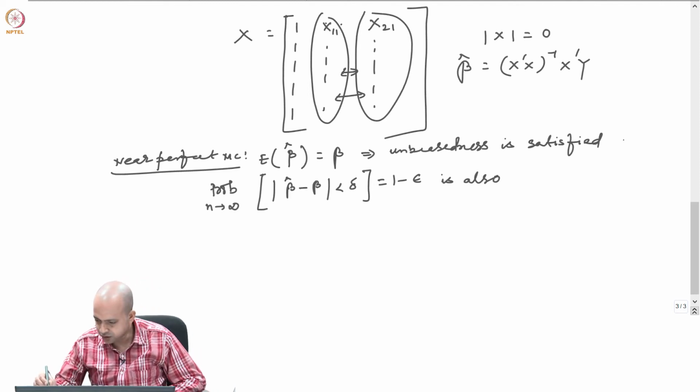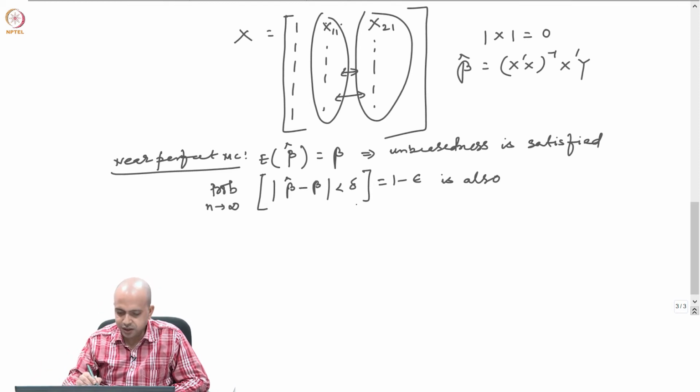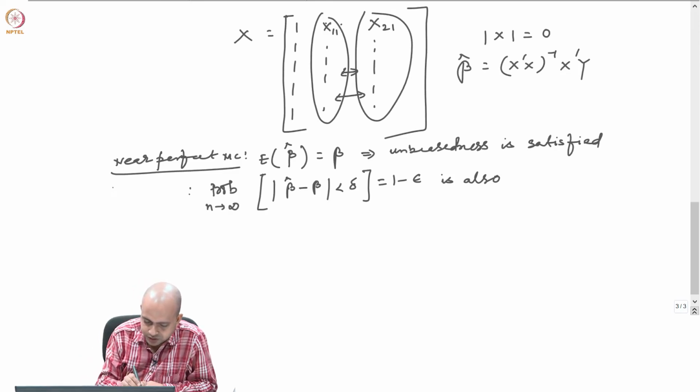So, this is called unbiasedness, and what is this called? This is called the consistency property. So, this is consistency.